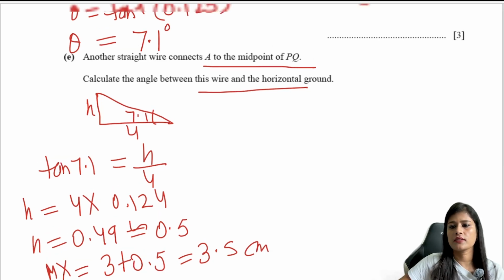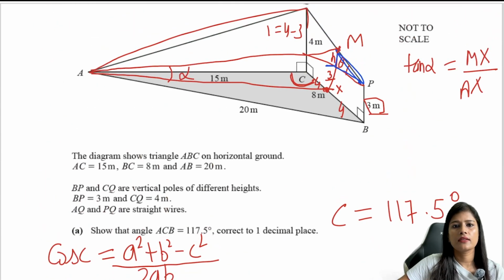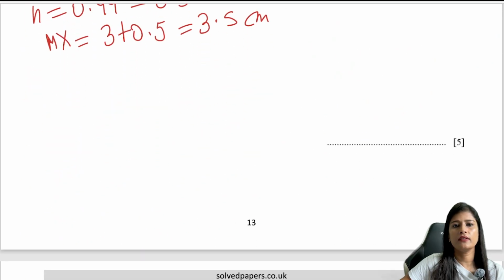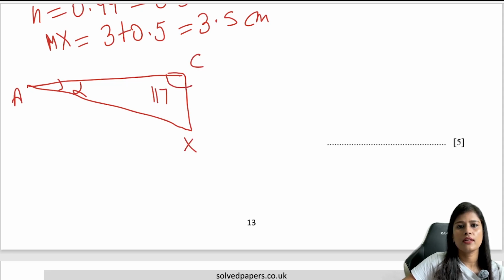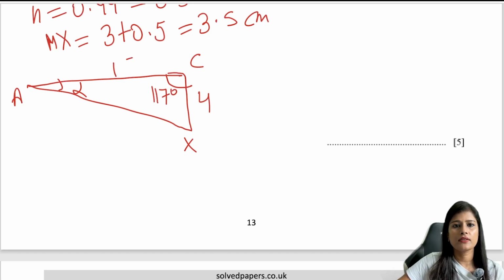Now next task is to find out this AX. So if you see this triangle, here this angle is alpha, this one A and X, and this one is C. So this angle we know just now, 117.5, 117 we found, this is 4, and this one AC is 15.